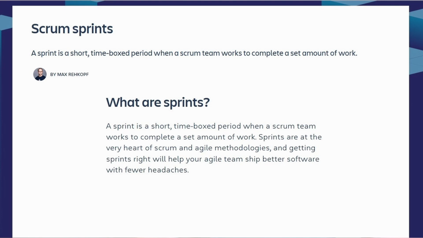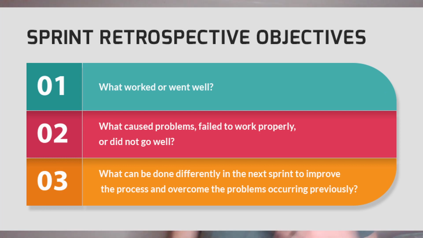And then during that 2-week stretch, all the developers will be accomplishing tasks, accomplishing user stories, which we'll talk about. And then at the end, we will have a retrospective, and we'll talk about, okay, what went well, what didn't go well, what can we do differently next time?